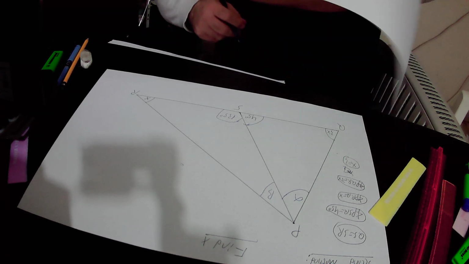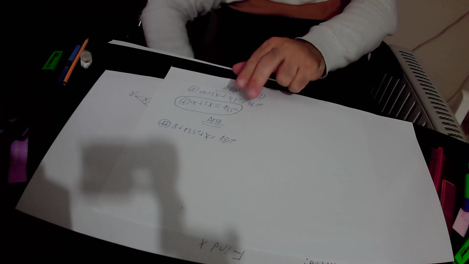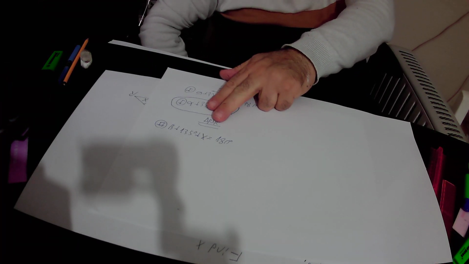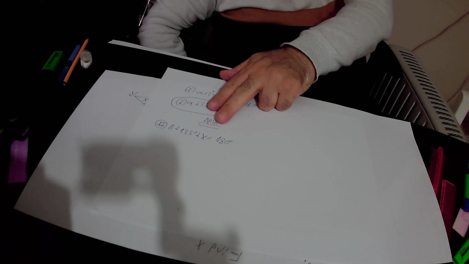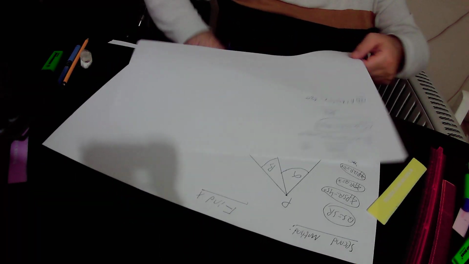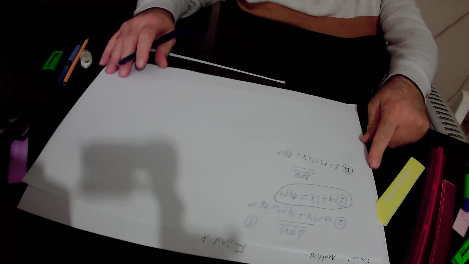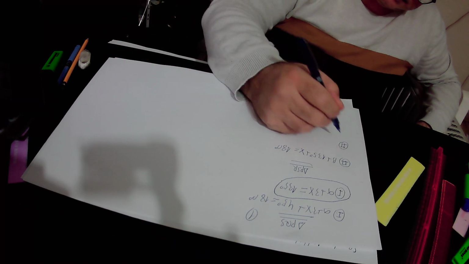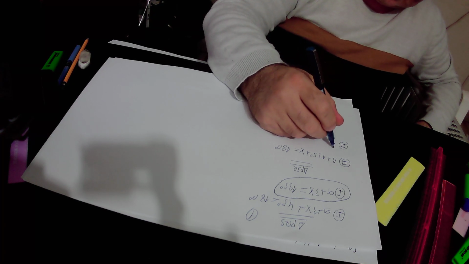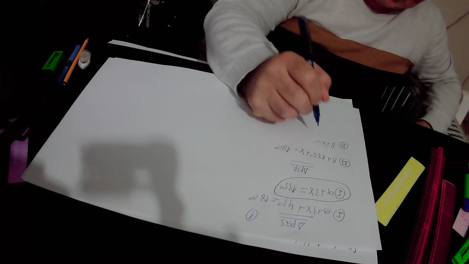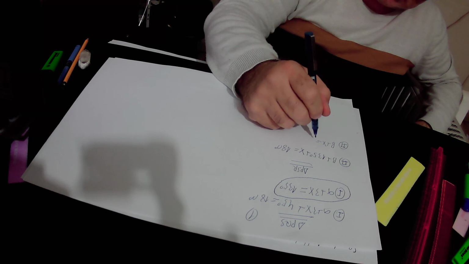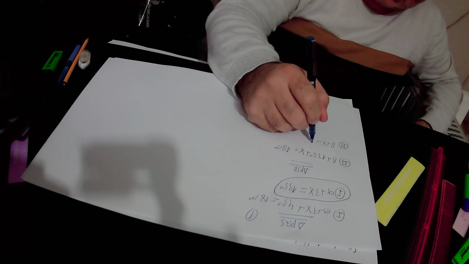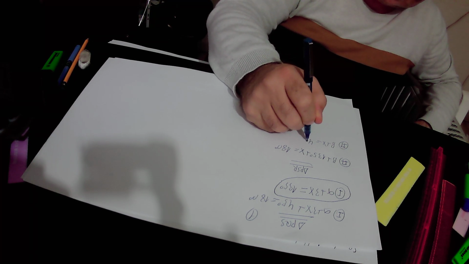So here we will subtract 135 degrees from this equation, equation number 2, and we will get that beta plus x equals 180 degrees minus 135 degrees, which is 45 degrees.